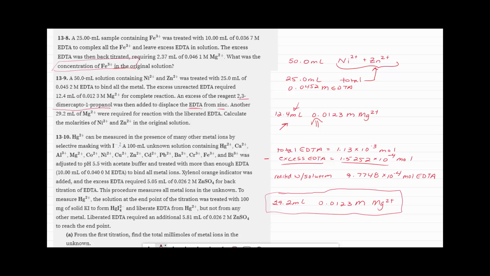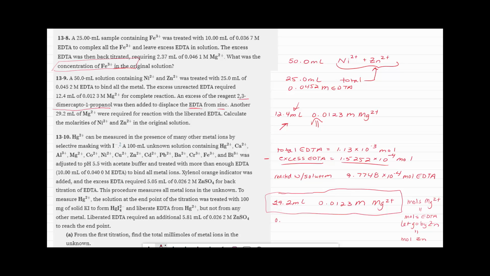So the moles of magnesium in this case are going to be equal to the moles of EDTA that were let go by zinc. Because this is a one-to-one relationship, that's also going to be equal to the moles of zinc that were in the original solution.